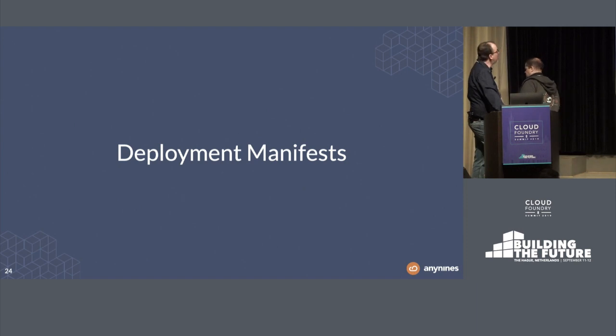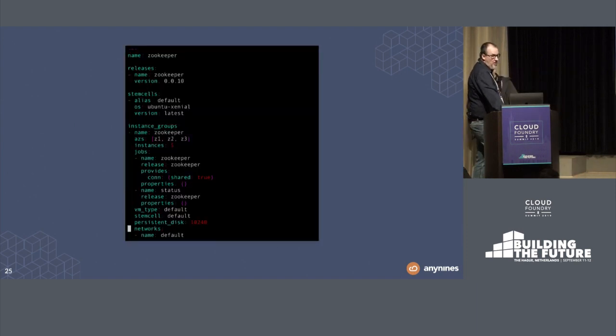Now let's have a look at a deployment manifest. This is a shortened manifest of Zookeeper to make it easier to understand. My colleague also already introduced Zookeeper. See a manifest as a desired state in YAML. It defines instance groups, which results in the end in virtual machines.